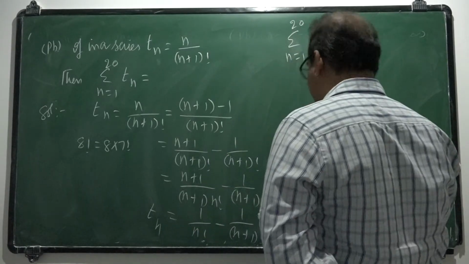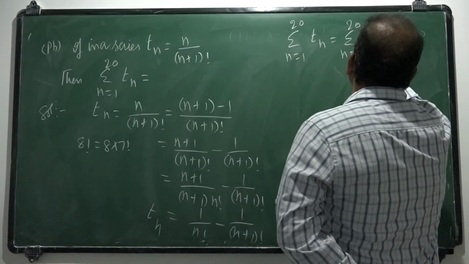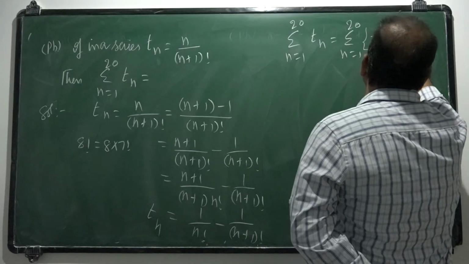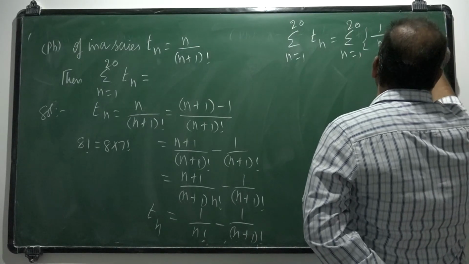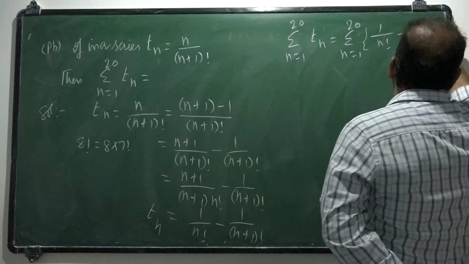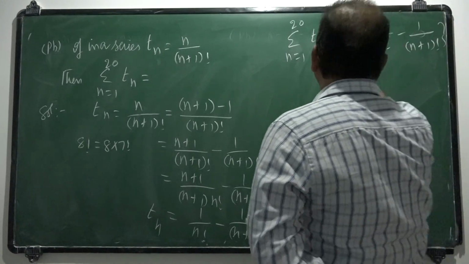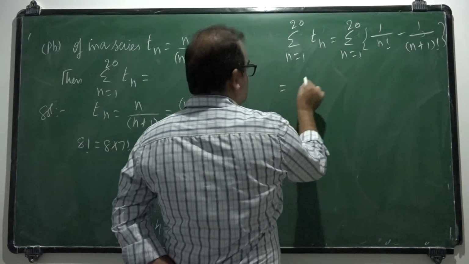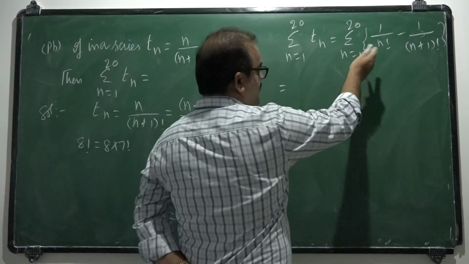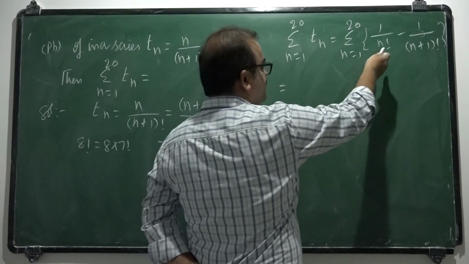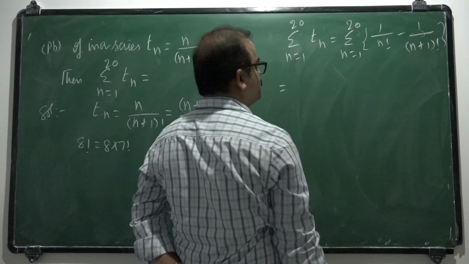Now find sigma n is equal to 1 to 20 Tn. What is Tn? 1 by n factorial minus 1 by n plus 1 factorial. Now expand sigma. First we put n is equal to 1 and then n is equal to 2, 3, so on up to n is equal to 20.